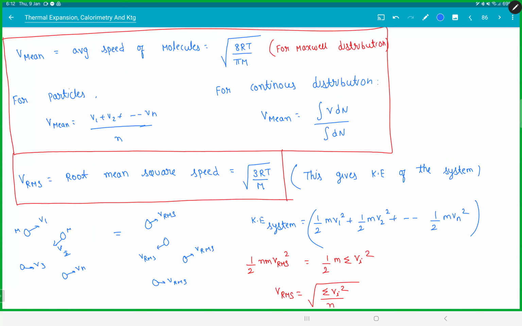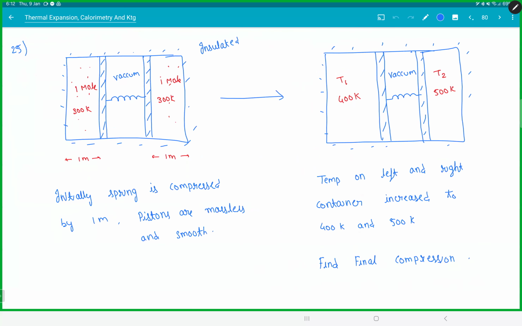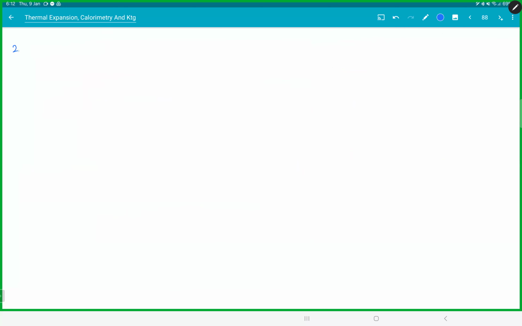Let's see a question. So we have some particles. There are 10 molecules with the speeds of 1, 1, 2, 2, 2, 2, 3, 3, 4, and 5.